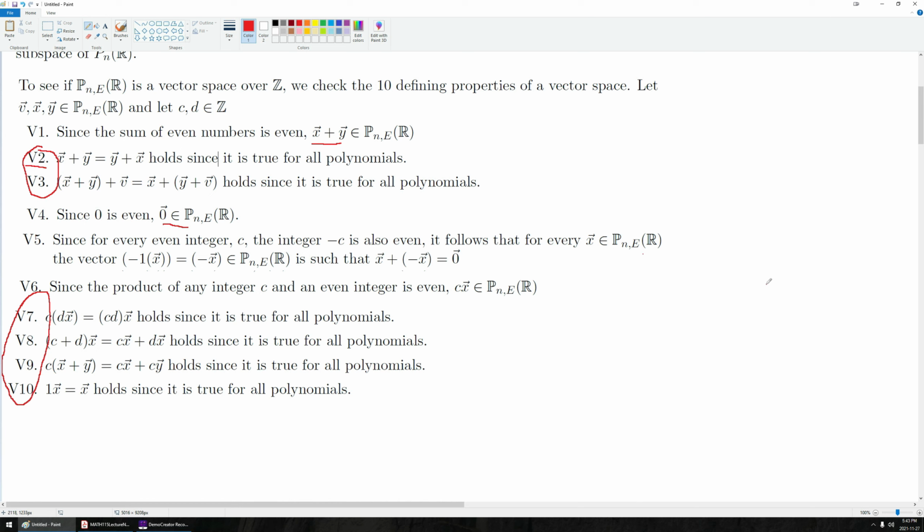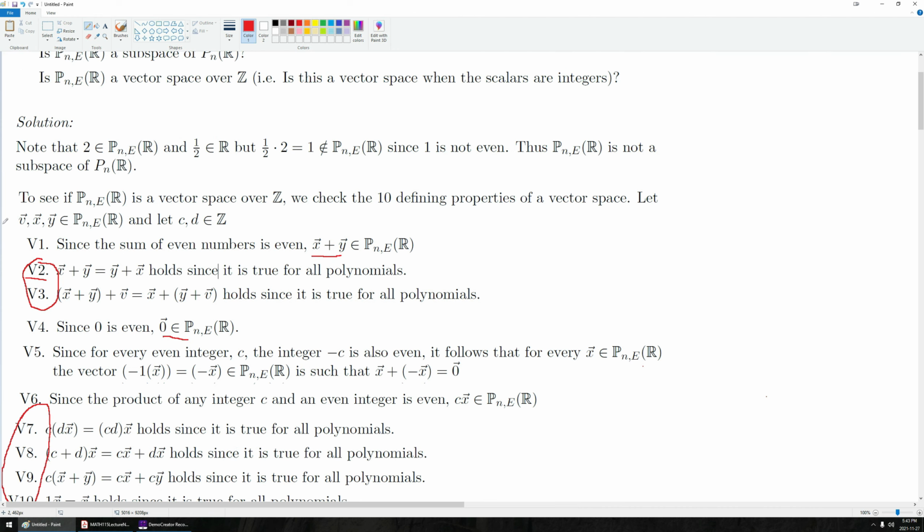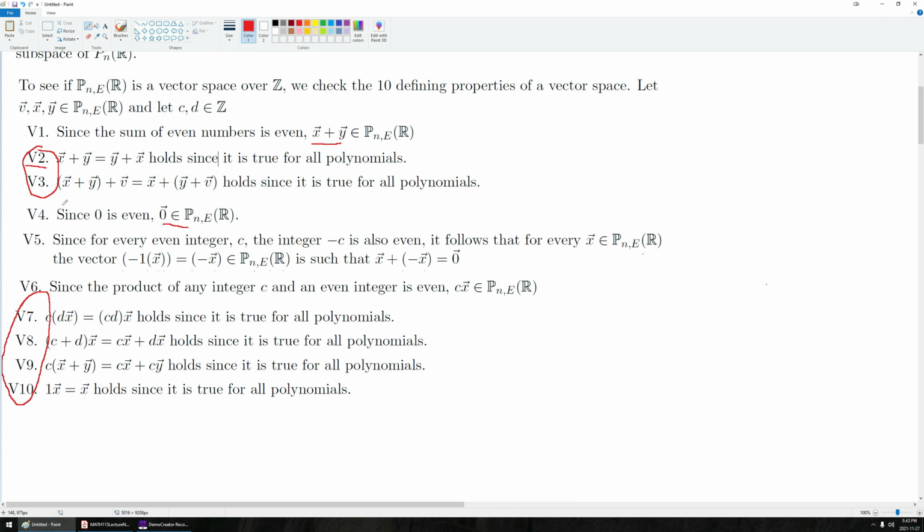And generally speaking, if you ever try to show that some object is in fact a vector space, and the objects in the set that you're trying to show is a vector space come from another set that is a vector space, then v2, v3, v7, v8, v9, and v10 will trivially hold due purely to the fact that you're dealing with a subset of things that are vectors within another vector space.